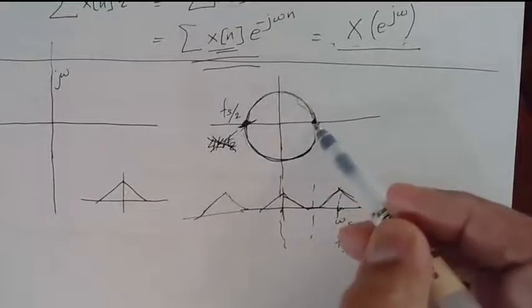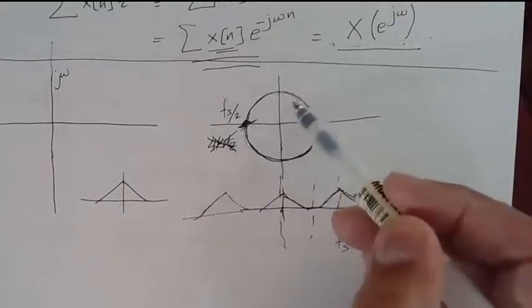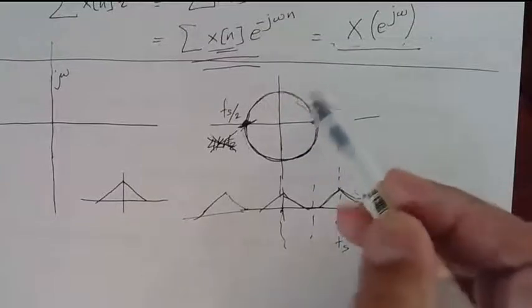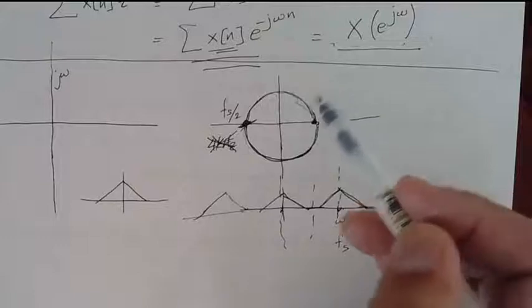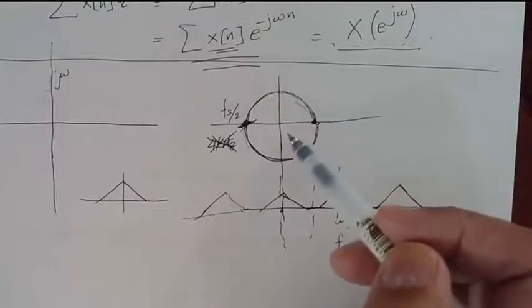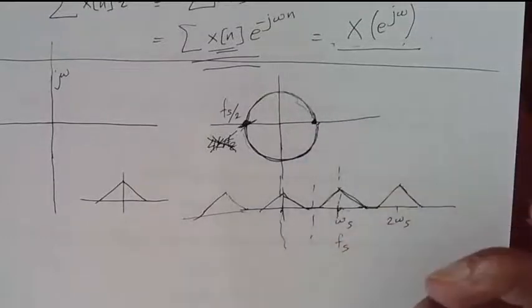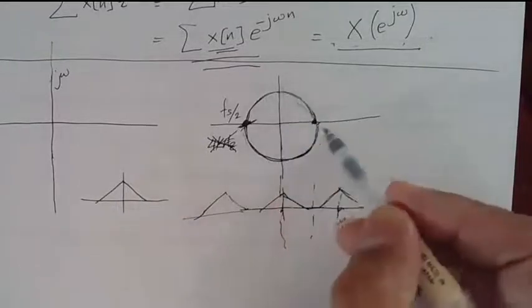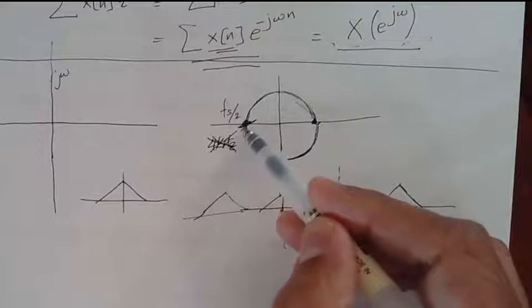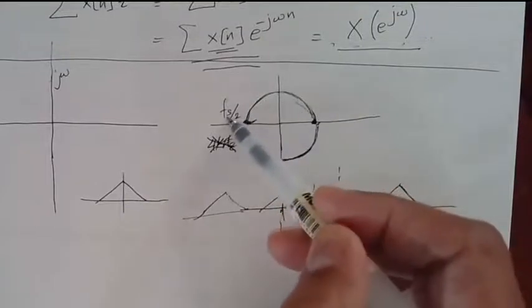When we design filters, we need to know where to put poles and zeros. Remember that poles tend to amplify the signal, and zeros tend to attenuate it. Suppose I want to attenuate a 60 hertz signal. I need to know where 60 hertz is, and that will depend on the sampling frequency.